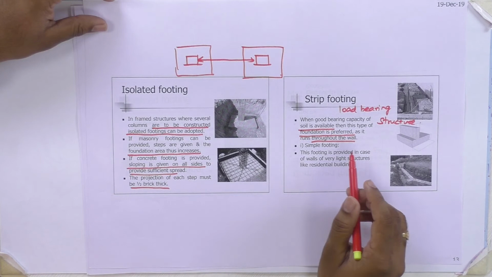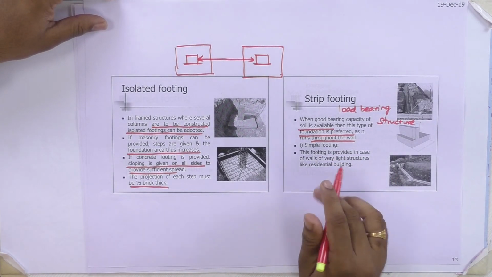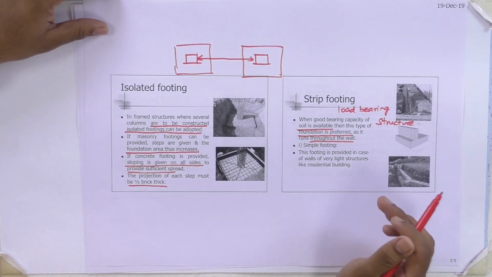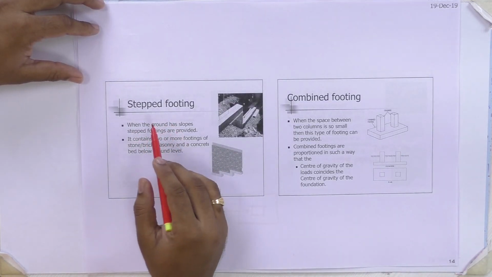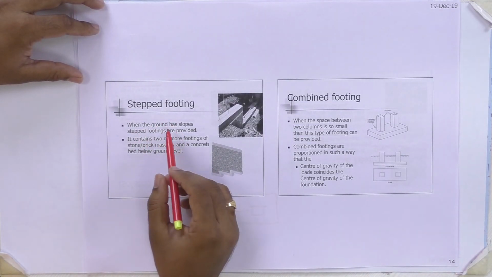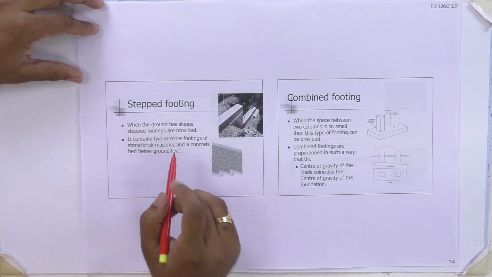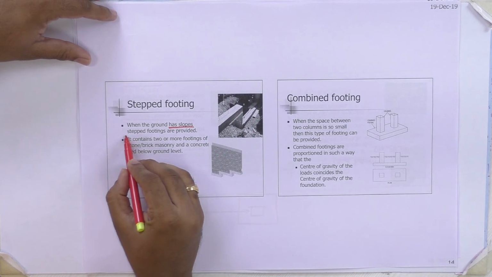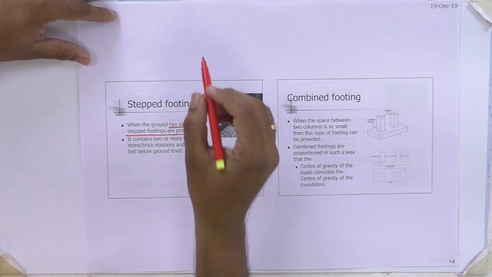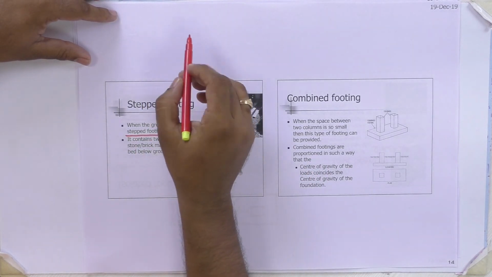In strip footing, we already discussed that there are two types, simple footing and stepped footing. In the previous image we saw simple footing, and this one is stepped footing. Stepped footing is provided when the ground has slopes. For example, I am going to draw an elevation.